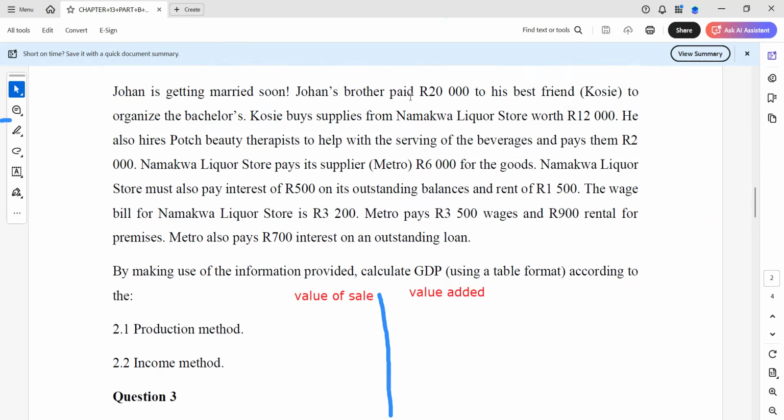So they say here, Jonah's brother paid 20,000 rand to his best friend to organize the bachelors.